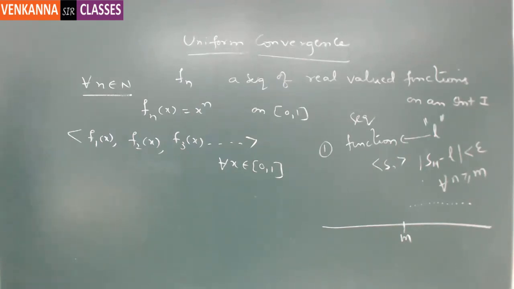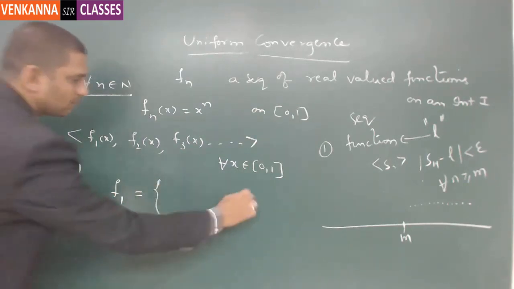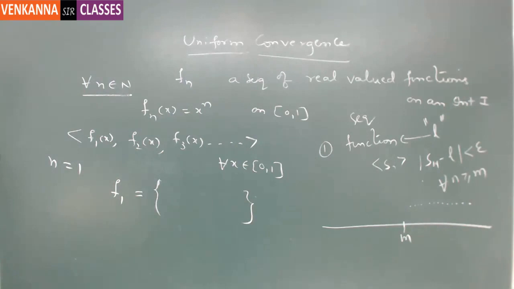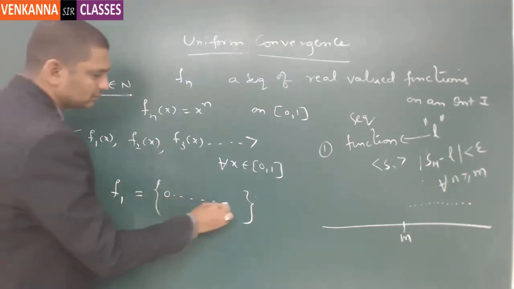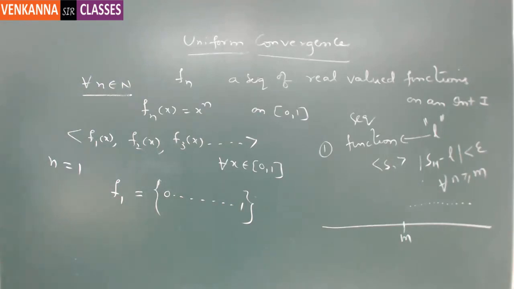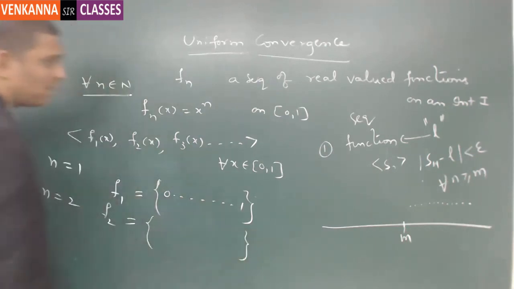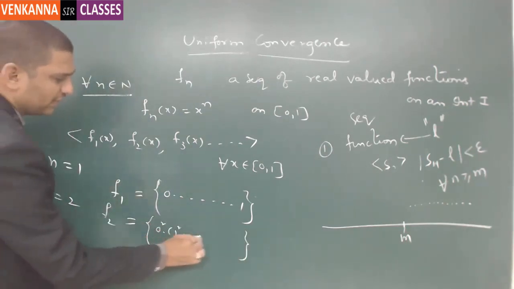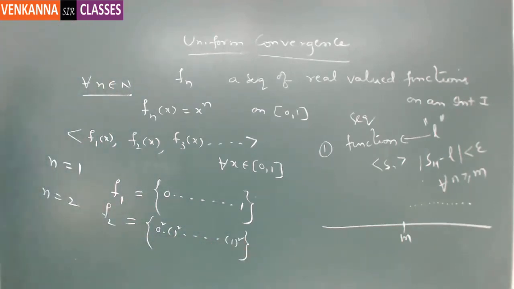Suppose you take n equal to 1, with x taken in the interval. So what is the function? F1. You have taken all the elements from 0 to 1. Yes or no? Right. Suppose you take n equal to 2. So you have taken another function f2 on the same interval. What will it be? 0 square, some number whole square, and so on up to 1 square. Accepted?